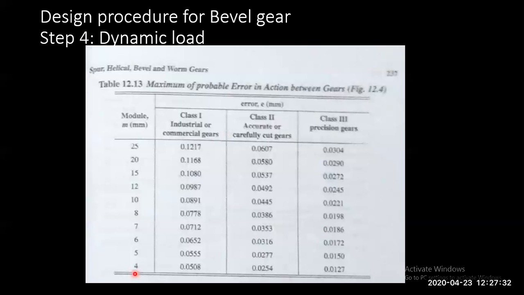Here again, note that the module is starting from 4. Even if you take 1, 2, 3, you may not find a healthy value of error here. Therefore, let's try to keep the module above 4. We'll start from 4 itself, because it poses a problem once we find a module 3 or something.